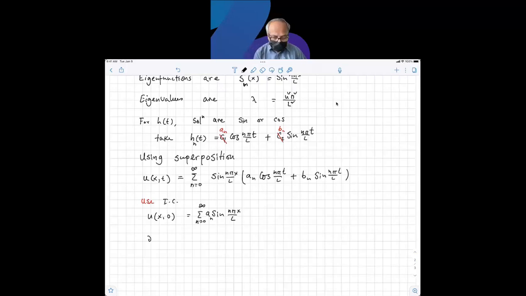And then the second condition, du dt at x, 0. So the sine will be the same.